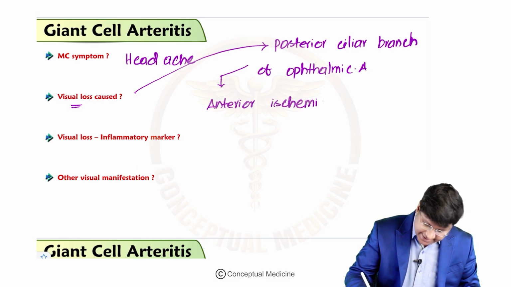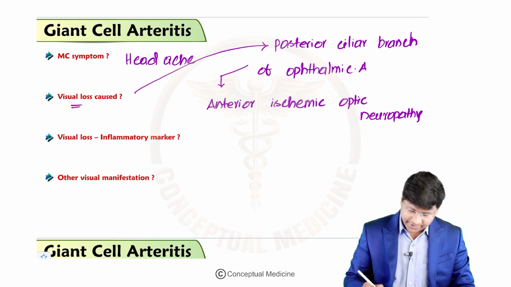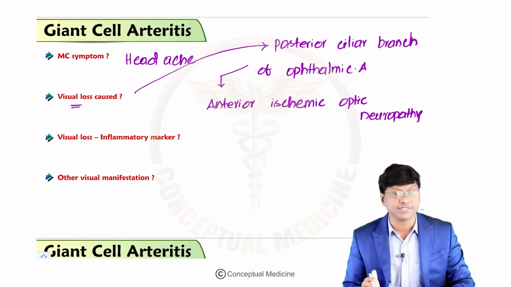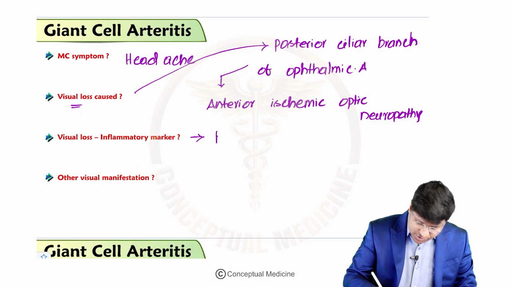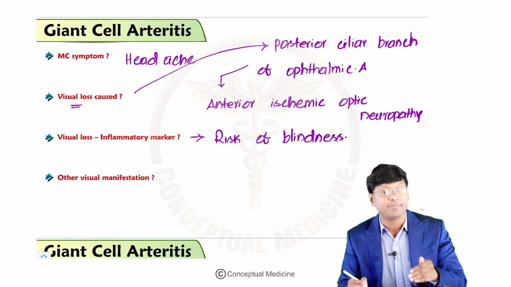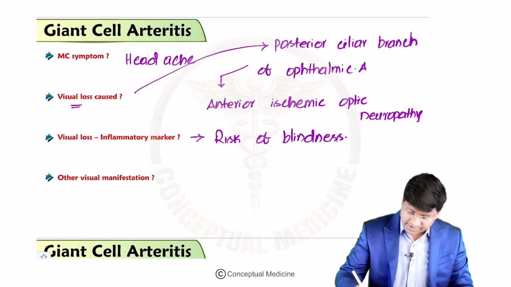That is the visual loss you will have in patients with giant cell arteritis. The risk of blindness correlates with high levels of interleukin 6.